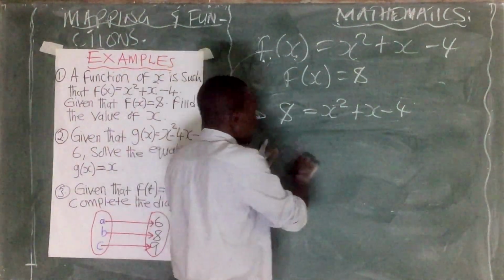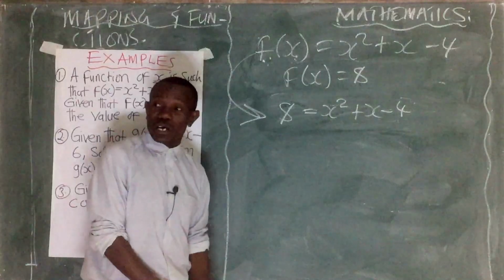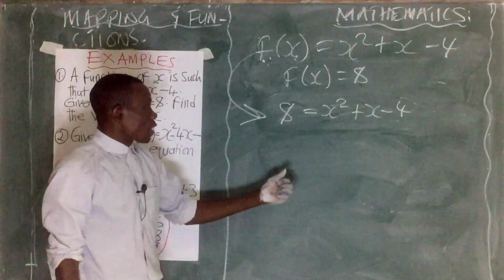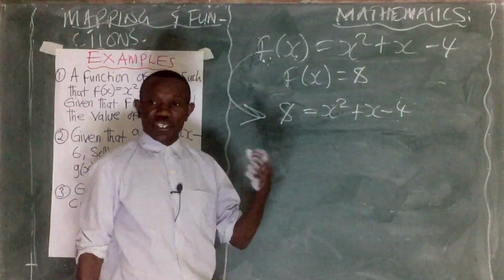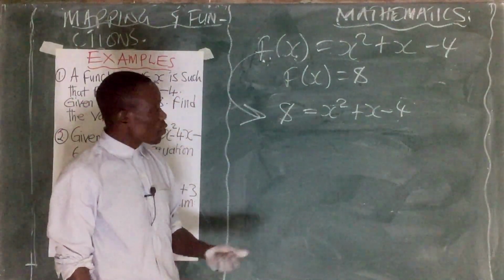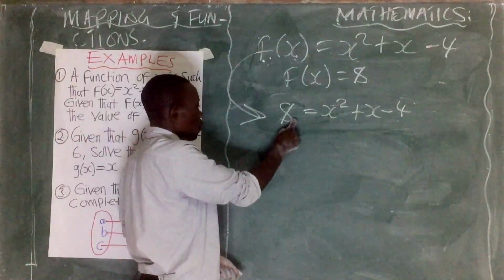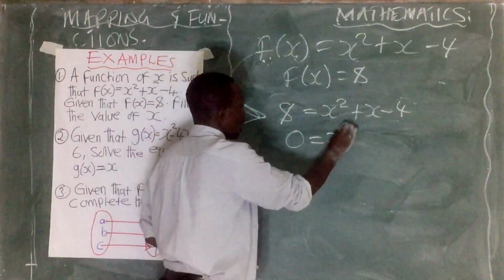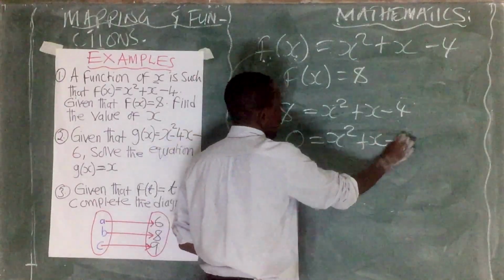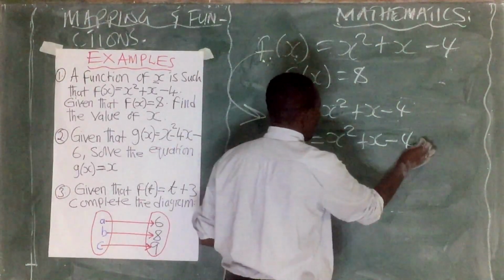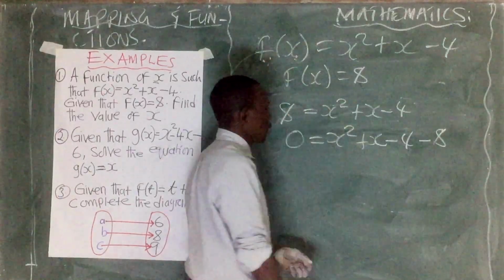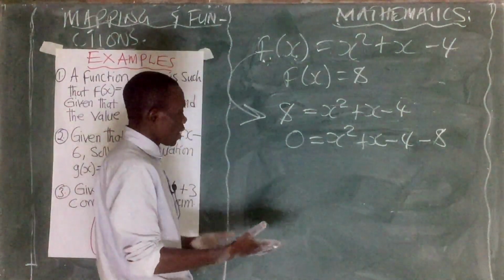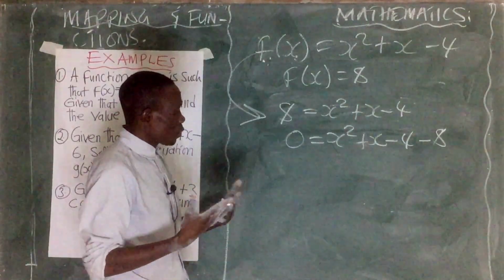Right. So realizing that this is a quadratic equation, we know for sure that the first stage that you should take in order to handle quadratic equations is by equating the equation to 0 itself. So what I'll do here, without wasting time, I will transfer 8 to the right hand side and have here a 0 and here x squared plus x minus 4. And when it comes here, it will be minus 8. Right. So now from there, I'll do the operations directly. The question will guide me to do ABCD.